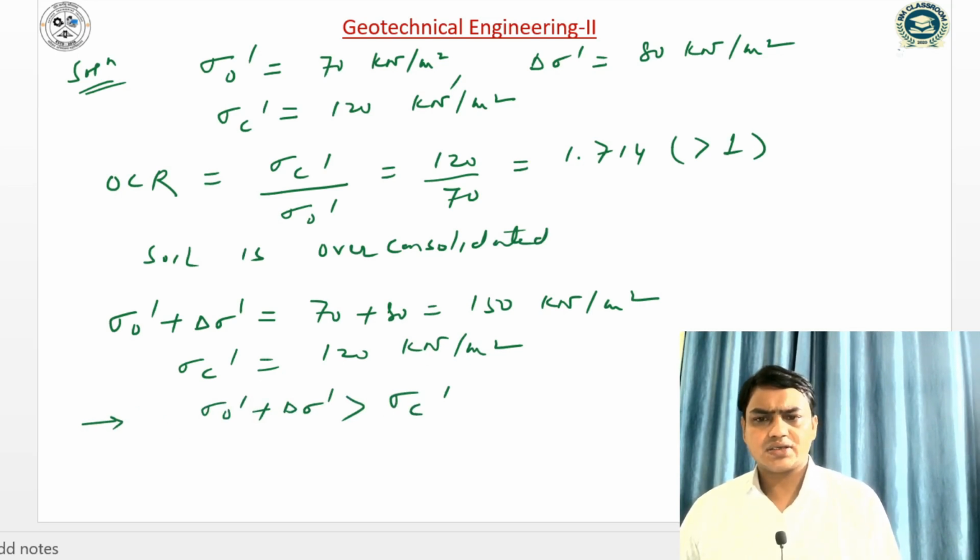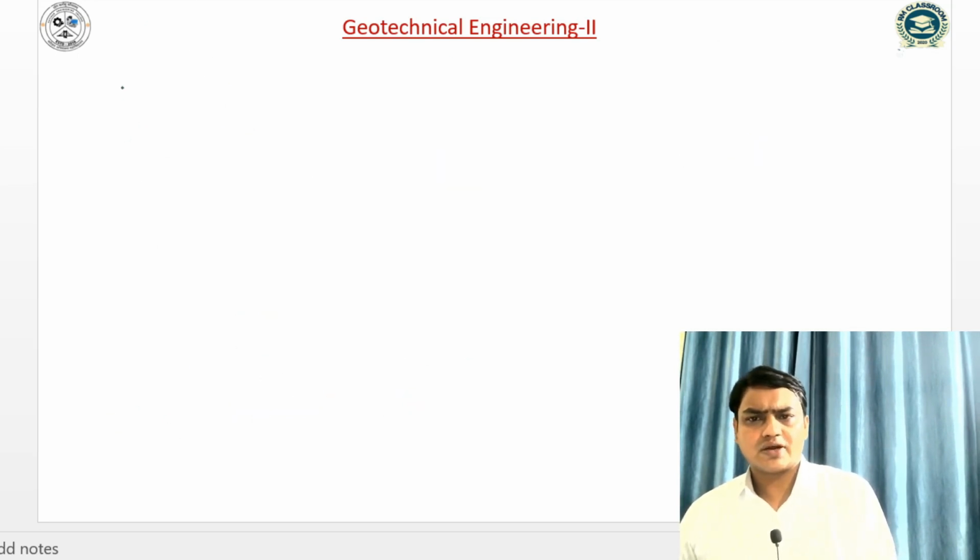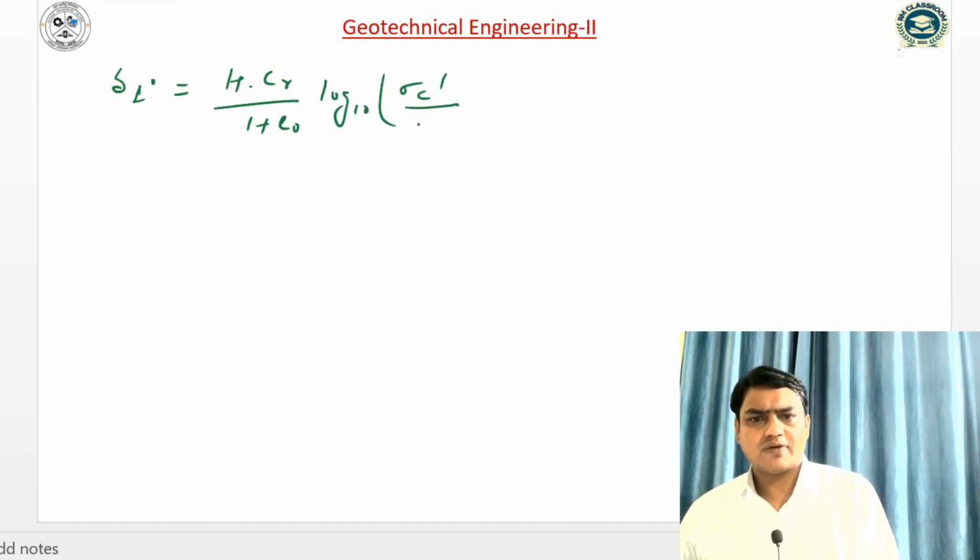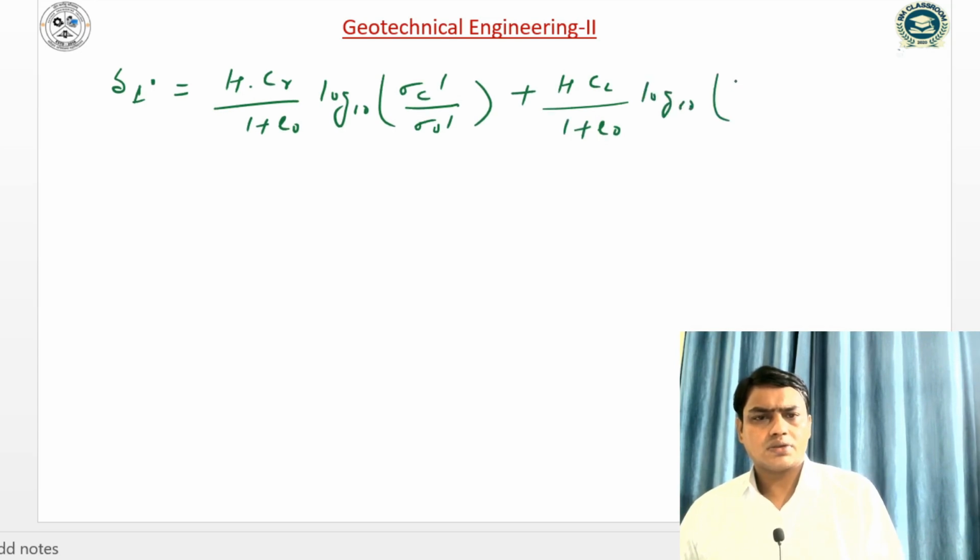So second case, we can compute the primary consolidation settlement is equal to H into Cr divided by 1 plus e naught log to the base 10 sigma c dash divided by sigma 0 dash plus H Cc divided by 1 plus e naught log 10 sigma 0 dash plus delta sigma dash divided by sigma c dash.